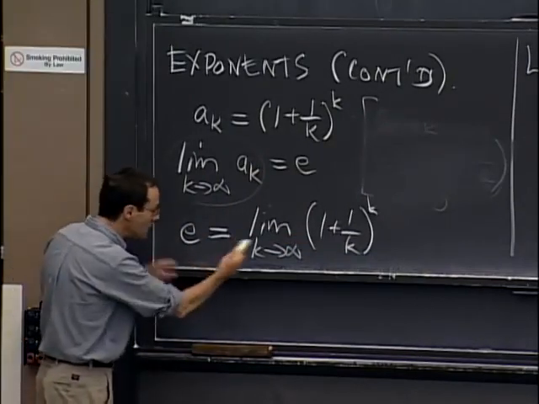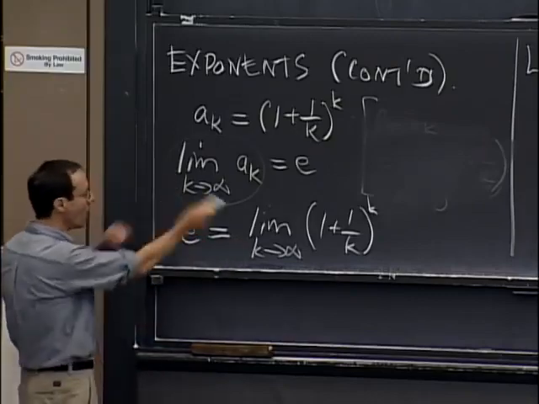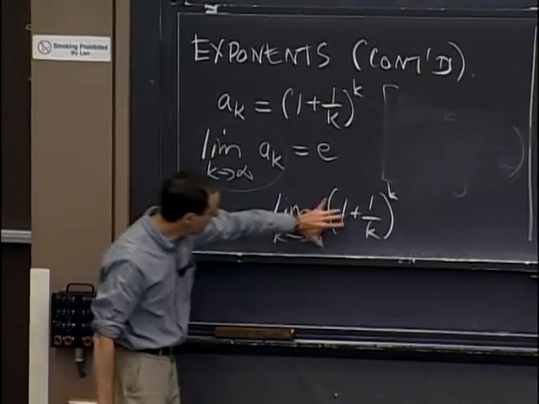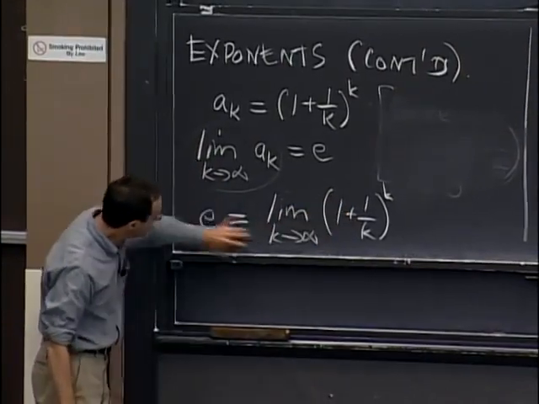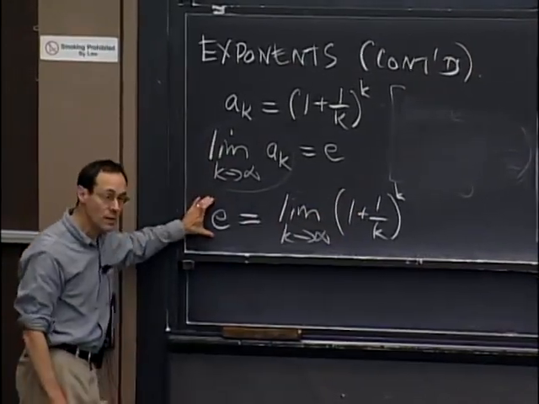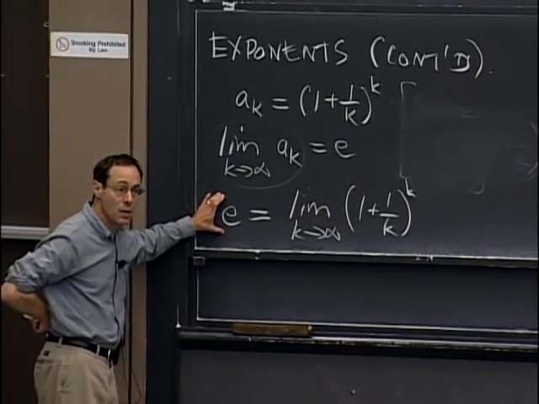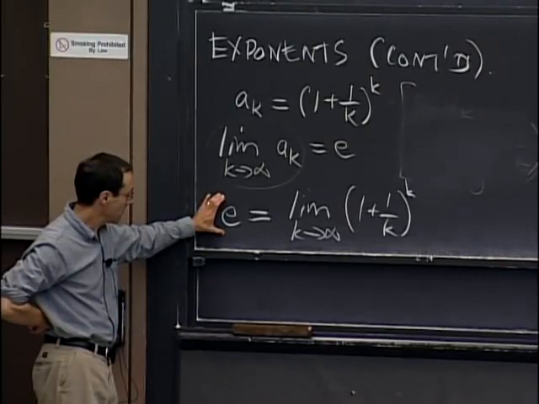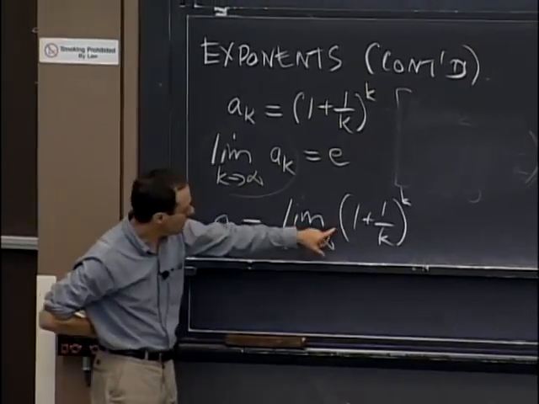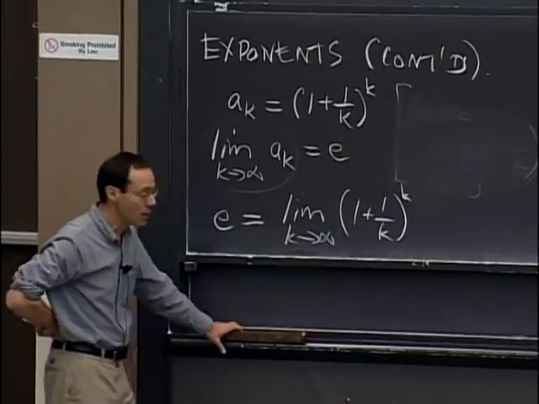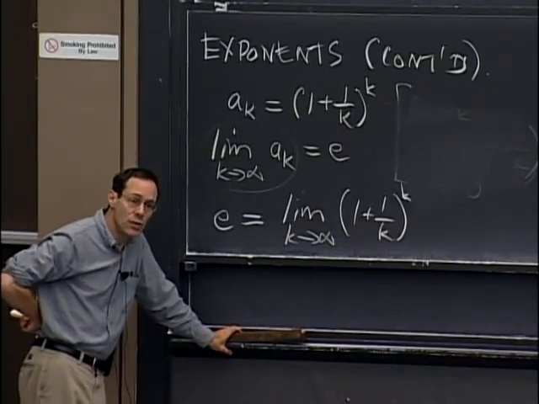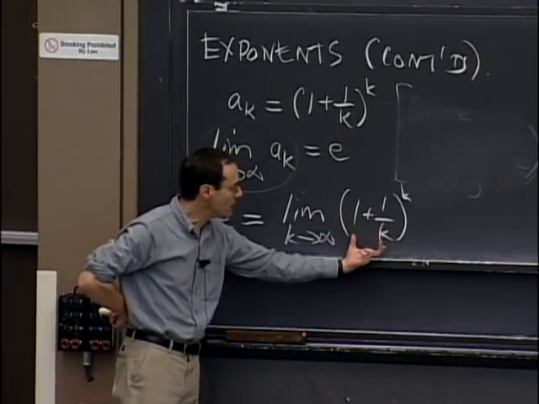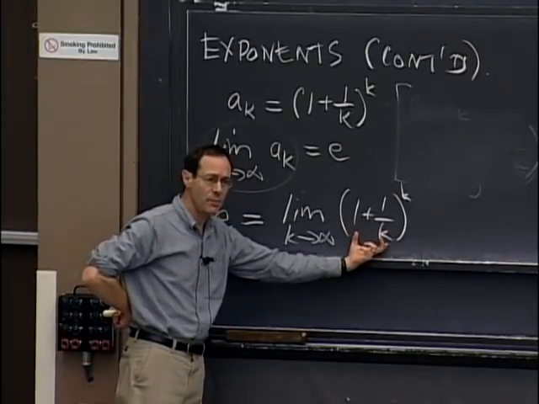So this is very typical of mathematics. You want to always reverse your perspective all the time. Equations work both ways. And in this case, we have two different things here. This e was what we defined as the base, which when you graph e to the x, you get slope 1 at 0. And then it turns out to be equal to this limit, which we can calculate numerically. If you do this on your calculators, you, of course, will have a way of programming in this number and evaluating it for each k.